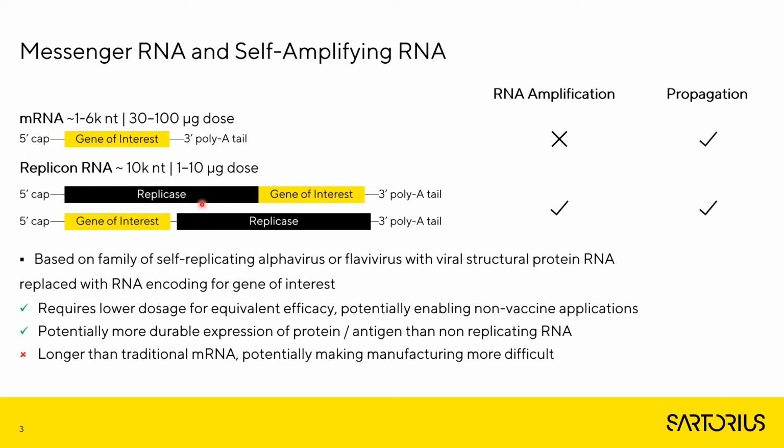And by doing so, we can actually achieve a similar therapeutic effect by injecting a smaller dose of the RNA molecule. To contrast, the currently approved therapies for mRNA would be in the range of 30 to 100 micrograms RNA per dose, whereas self-amplifying RNA therapies would typically range between 1 and 10 micrograms RNA per dose.